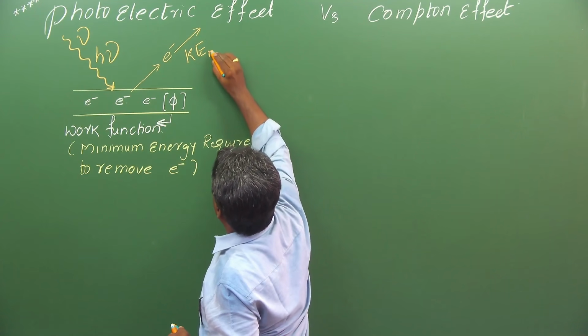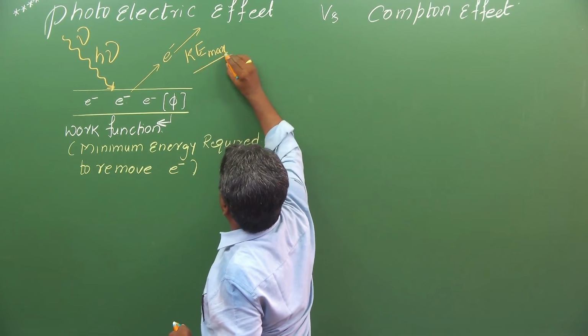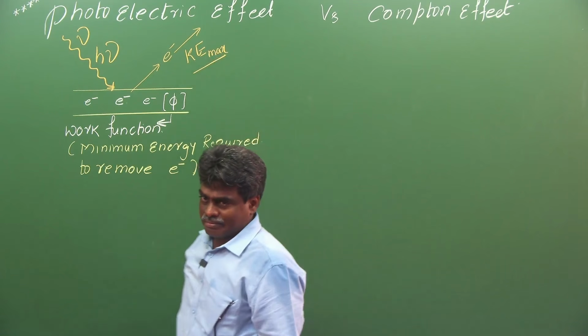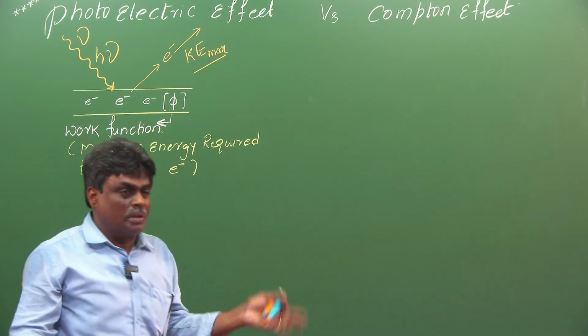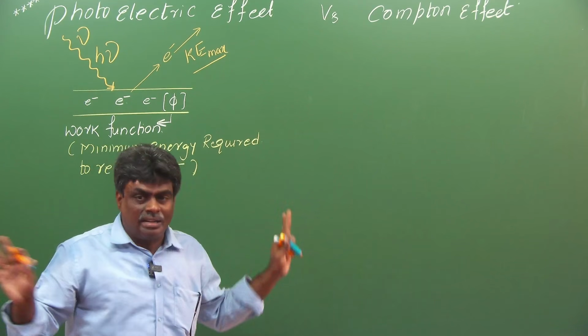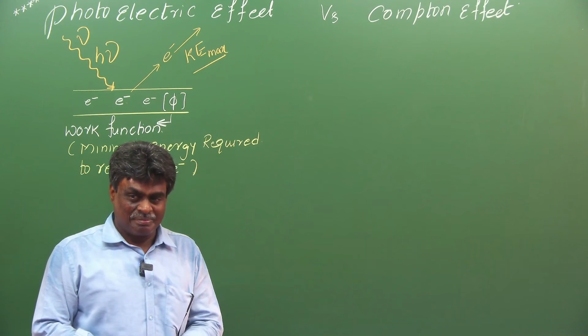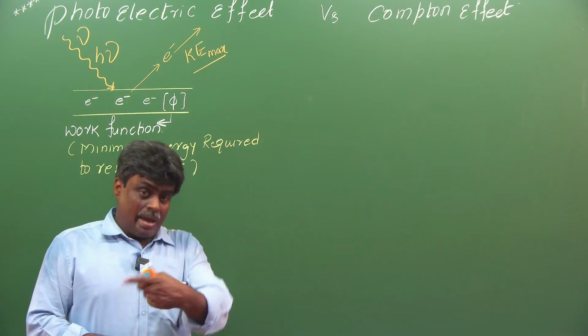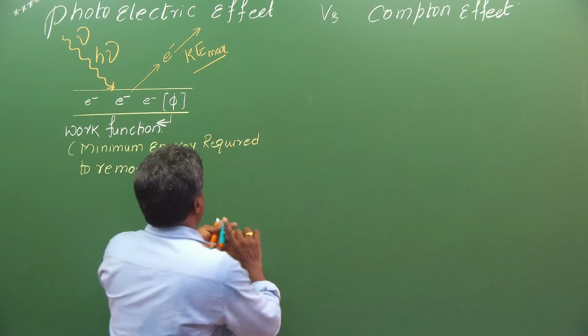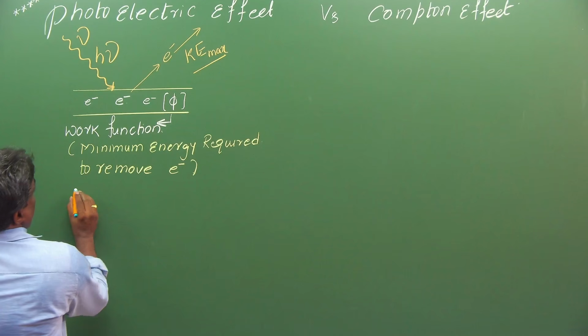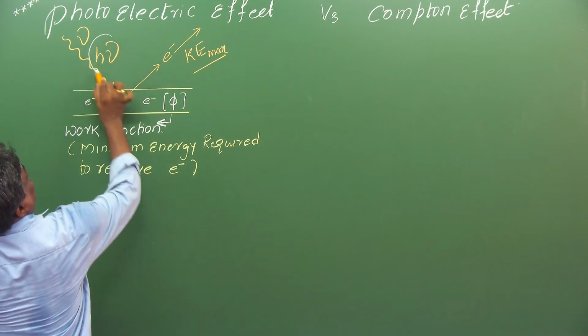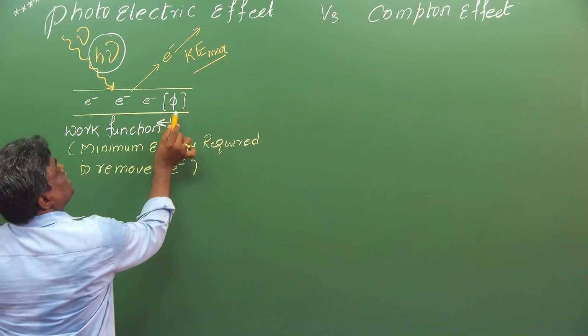If you see carefully, in the photoelectric effect, they will write it as Ke max. That is the maximum possible kinetic energy. More than that, not possible. Then what is the minimum, sir? 0. Minimum is 0. Maximum is whatever we are going to write here. So I hope everybody knows how much you are sending, how much you are spending.